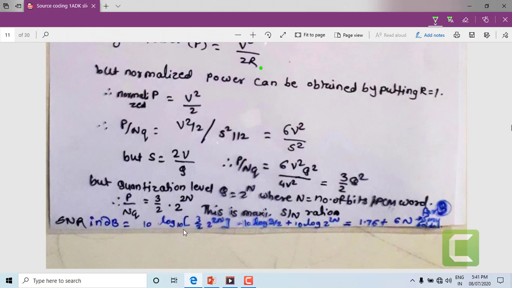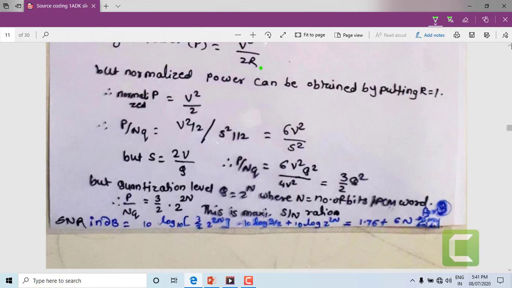So this log will get distributed over the multiplication, so it will be written as 10 log of 3 by 2 plus 10 log of 2 raised to 2n. And when we solve this completely, we will find the answer as 1.76 plus 6n. And this is the final SNR equation for the PCM system.